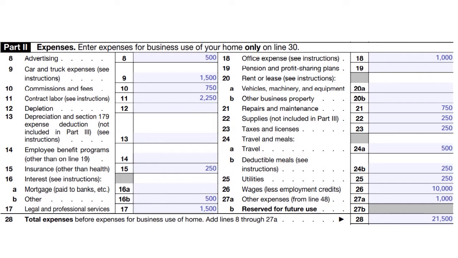Line 26, we have wages. Okay. Remember that. So here you have to deduct anything that accounts for wages. This includes salaries, commissions, bonuses, and other compensation. However, if you're a manufacturer, not all of your employees' wages will be deducted on line 26, because the wages you pay production workers, supervisors, and indirect factory workers are deducted on line 37 under cost of goods sold in part 3.